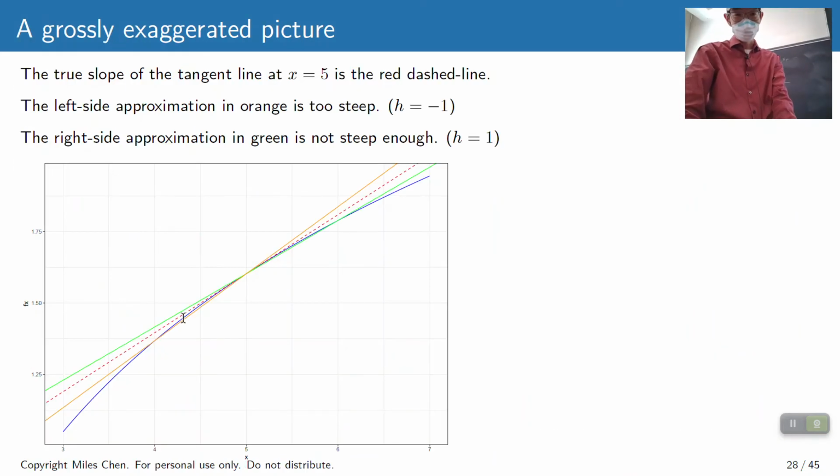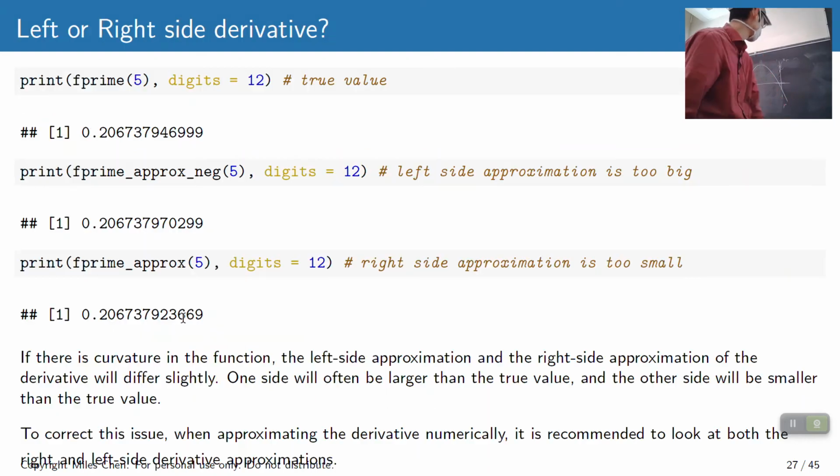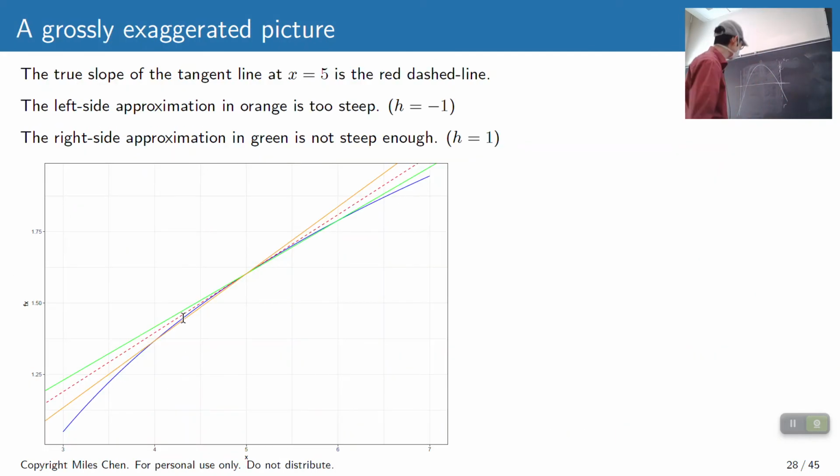What's going on is, if you look at this curve, and again I've exaggerated it, the true curve looks something like this, and this is the true tangent line.